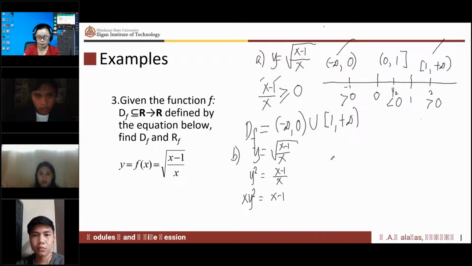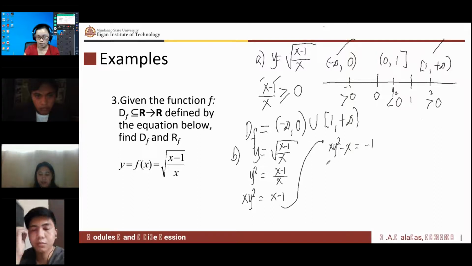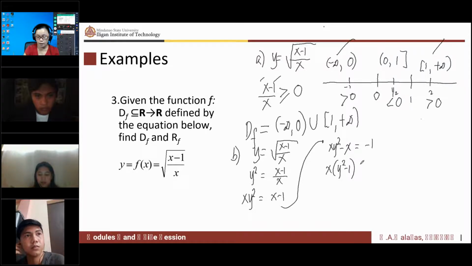We combine terms with x, so you get x y squared minus x equals -1. Factor out x, so we get x times (y squared minus 1) equals -1. So x is equal to -1 over (y squared minus 1).